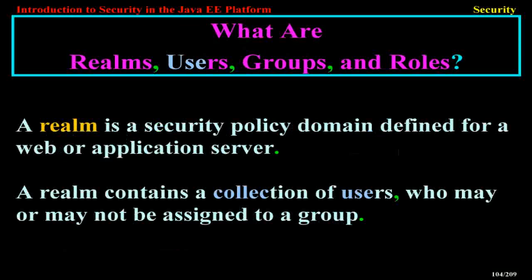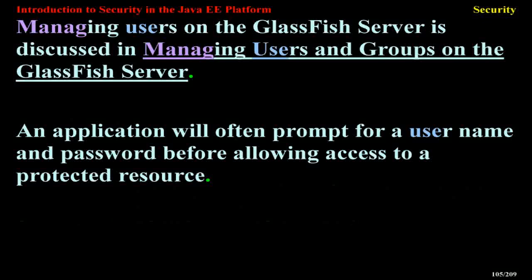What are realms, users, groups, and roles? A realm is a security policy domain defined for a web or application server. A realm contains a collection of users who may or may not be assigned to a group. Managing users on the GlassFish server is discussed in Managing Users and Groups on the GlassFish Server. An application will often prompt for a username and password before allowing access to a protected resource.